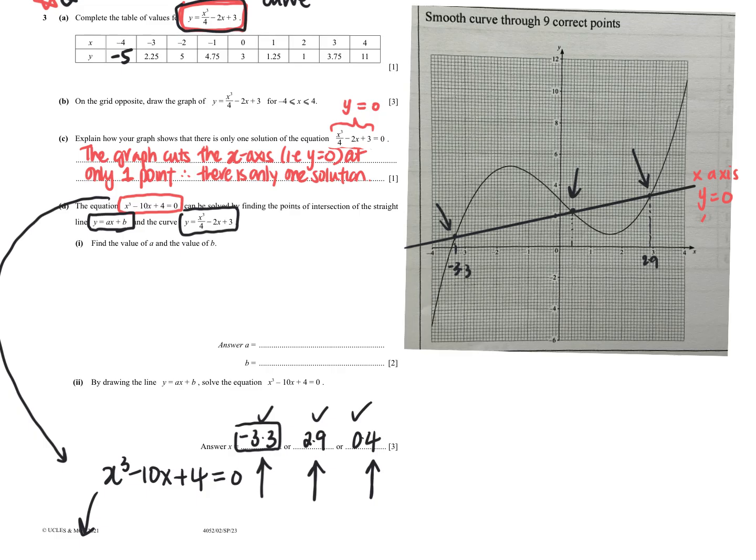Then they want the equation of this line. Technically, the y-intercept is here. Your B is the y-intercept, which is at 2. And then how to find the gradient? You use the 2 points on the graph that you get.